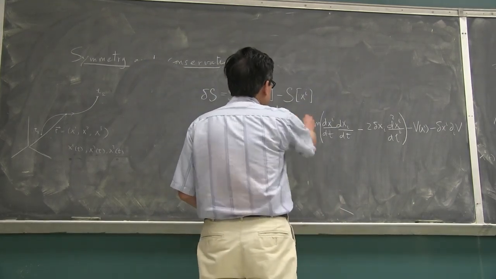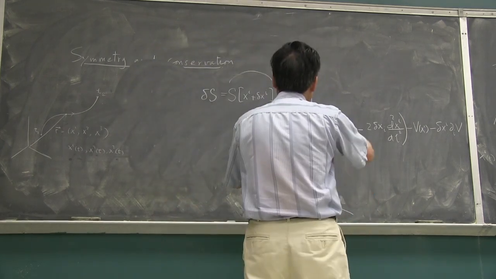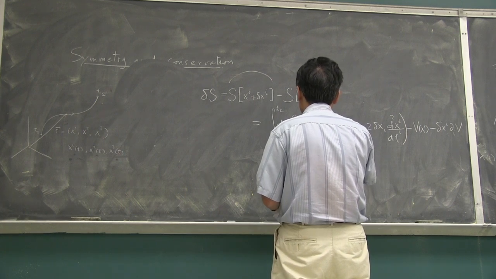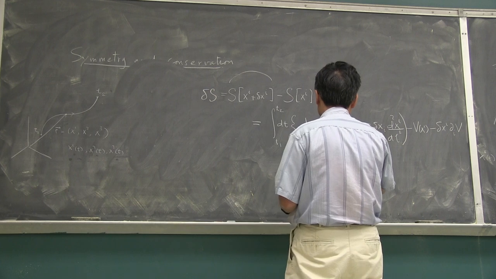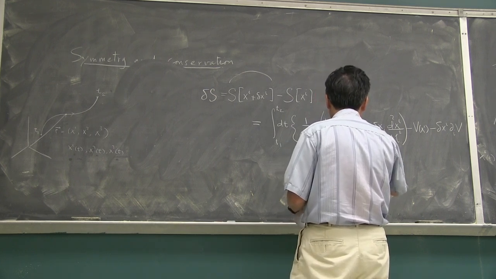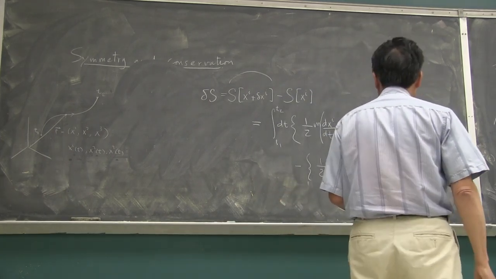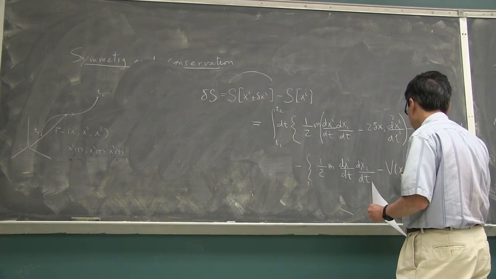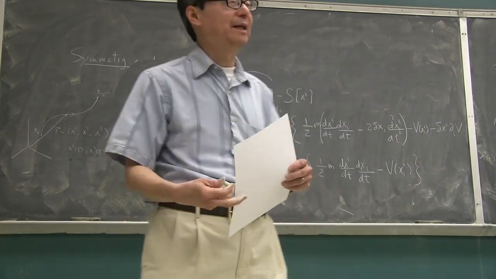I have to subtract from it this guy. In other words, the integrand, it's the same integral, right? dt integral from t1 to t2, and I have to subtract from it S, which is just 1/2 m dxi/dt dxi/dt, that's the kinetic energy, minus the potential energy, which is V at the original xi. That's the original action, right?